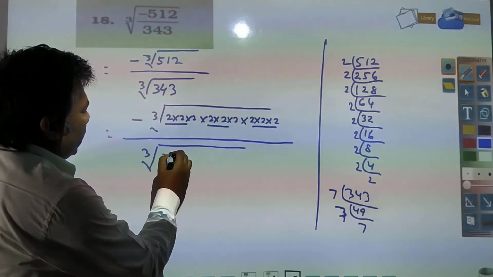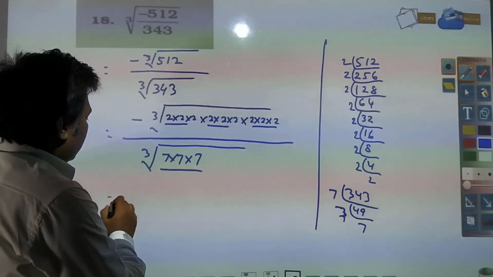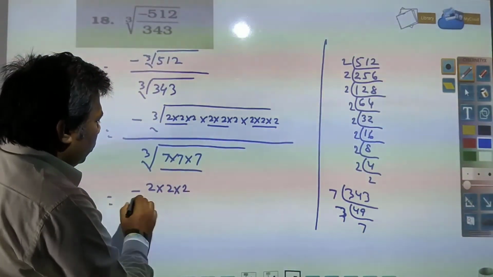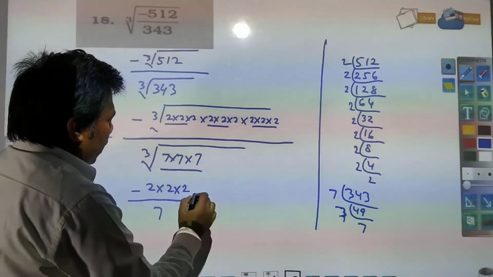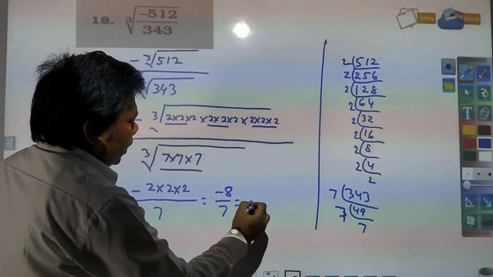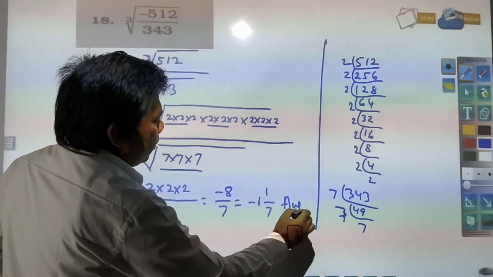So you will have 7 into 7 into 7, one triplet you will get. So finally you will get 2 into 2 into 2 divided by 7, and 2 2 is 4, 4 2 is 8, minus 8 by 7, or you can write minus 1 whole 1 by 7. This will be your answer.